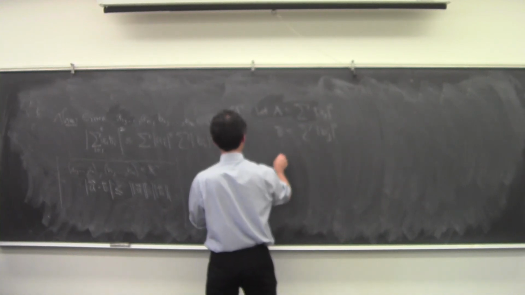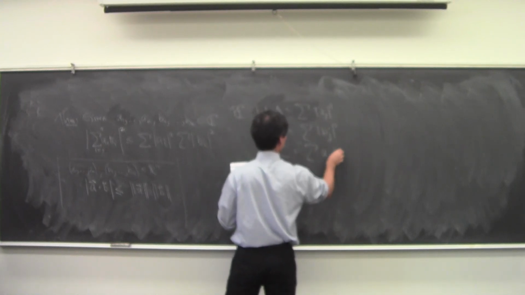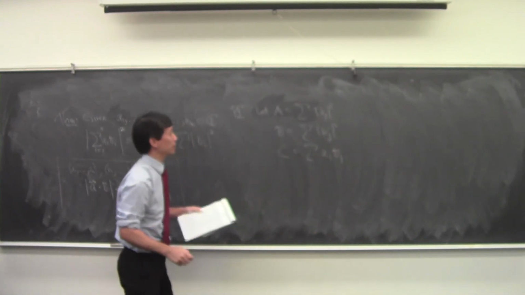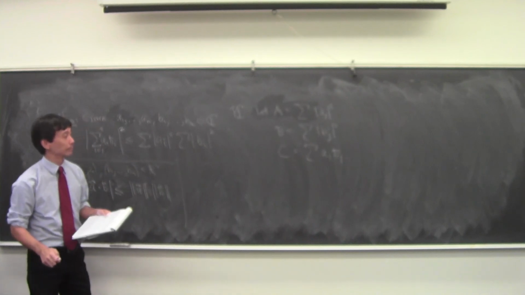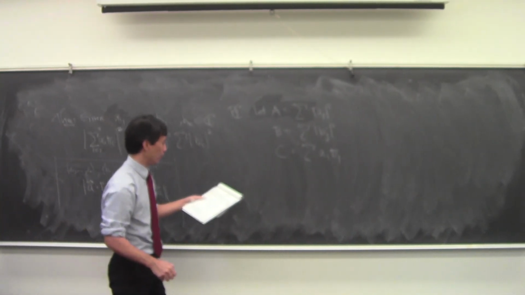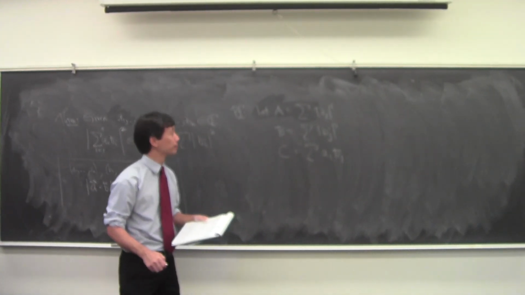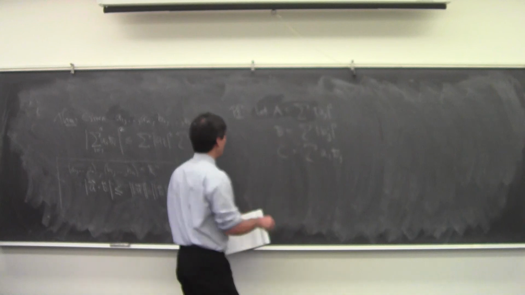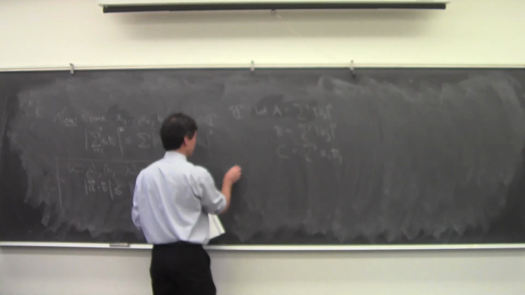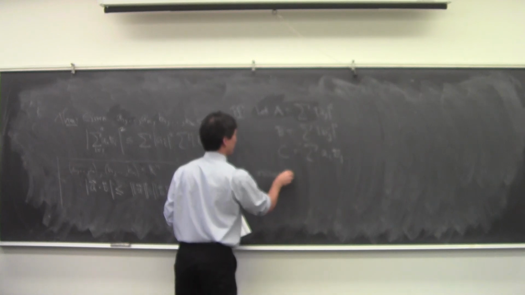Let C be the sum of the products of the Ai against the Bj conjugates. Is that just the conjugate on B? Yeah, conjugate on B. Okay. He says, without loss of generality, we can assume that B is bigger than 0.